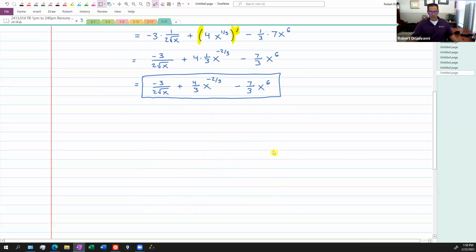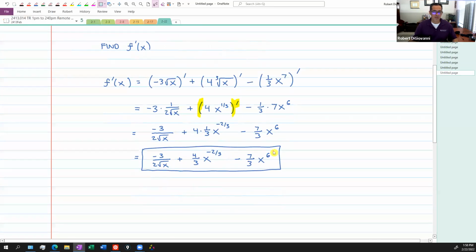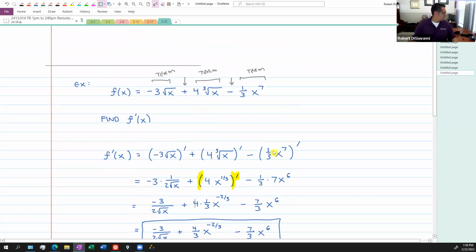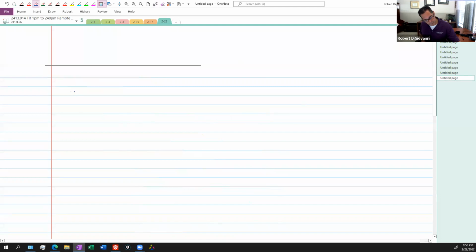Okay. No questions? No questions? All right, I have a trick question for you then. How about this one? F of x equals 3x squared minus 4 root x plus 5 all over x.